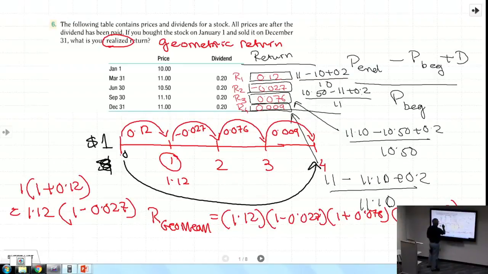So we take the product, 1 plus the product of each of these periodic returns. Then we raise this whole thing to the power 4. We raise it to the power 4 because there are 4 periods. So in essence, we take the product of those 4 numbers.